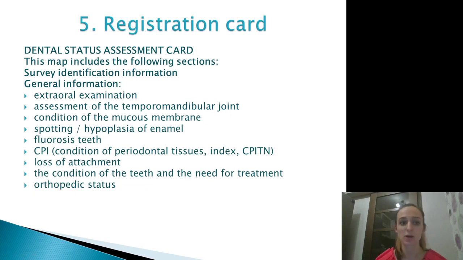A registration card. First of all, it is dental status, and this card includes the following sections. General information, it is extra oral examination.